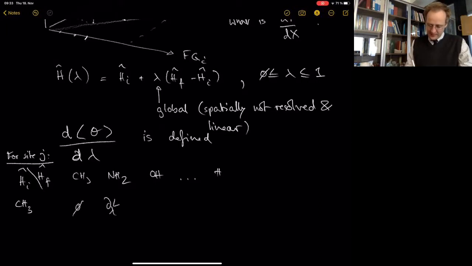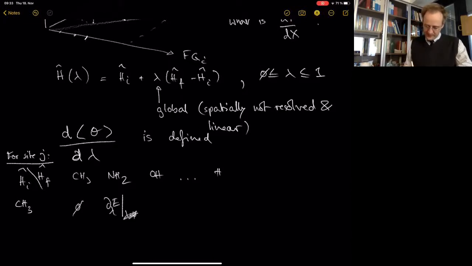Suppose it's the energy, right? So it's the energy, the derivative getting you to ammonia, evaluated at lambda equals 0. So that means at the methyl, right?